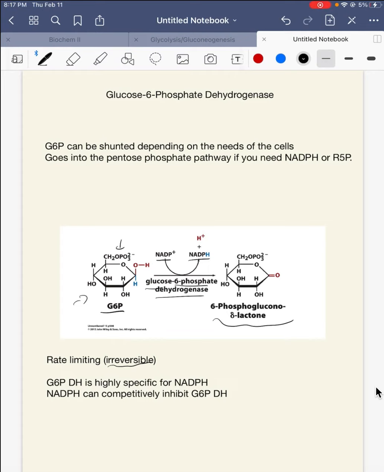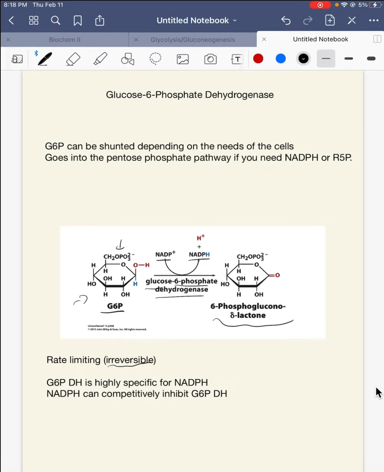If we also need to run the non-oxidative phase, we need to go through the oxidative phase first. So we would also need to run this reaction to get to the non-oxidative phase. When we get to the non-oxidative phase, we'll talk about it more, because it's kind of confusing: they come after each other, but they run separately.